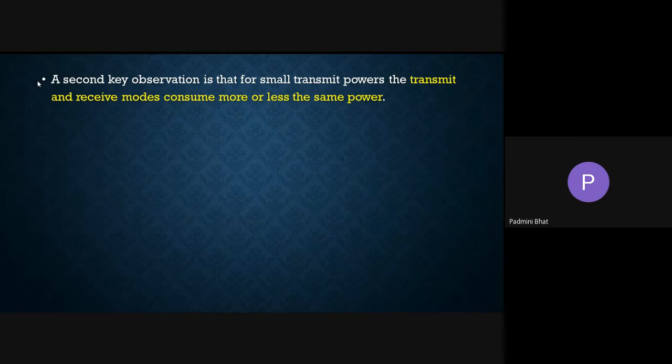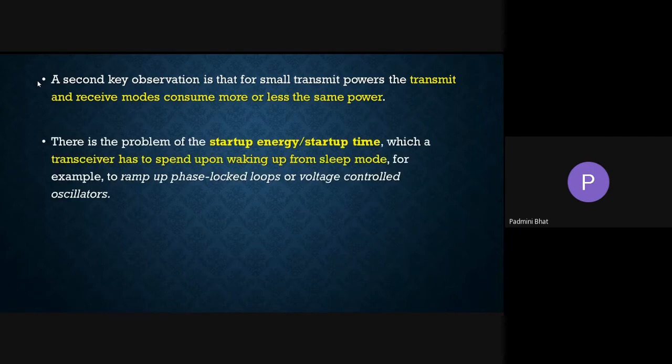Now the next key observation is, for small transmit powers, the transmit and receive modes consume more or less the same power, if you are intending to transmit at very little power.